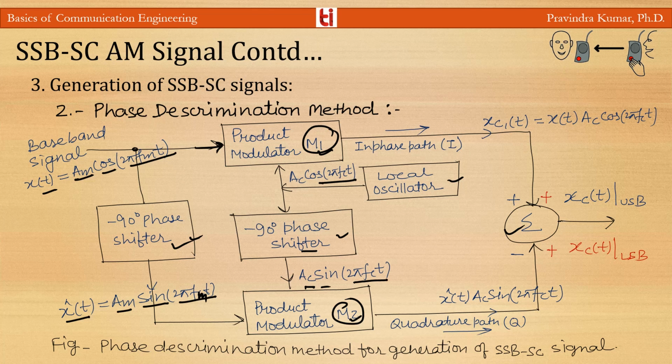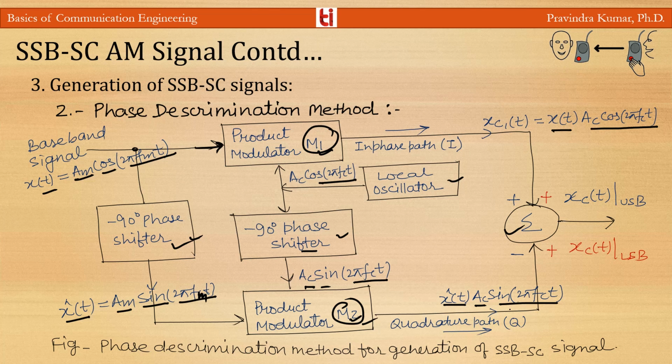The output of the product modulator M1 is x(t) Ac cos 2 pi fc t, and the output of the product modulator M2 is x cap t Ac sin 2 pi fc t.